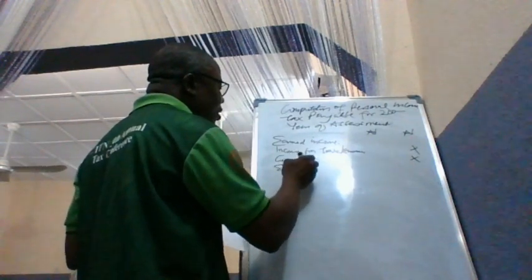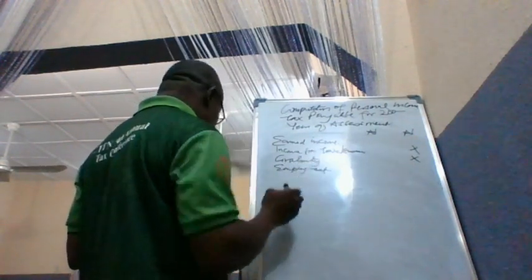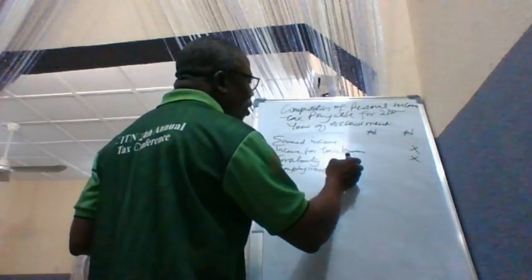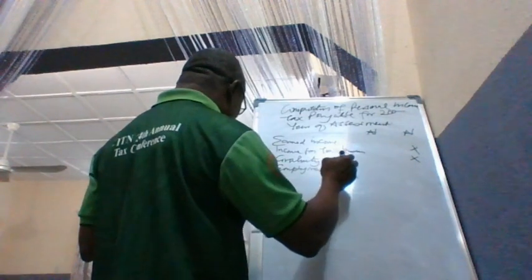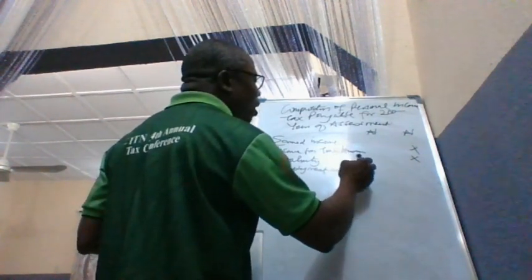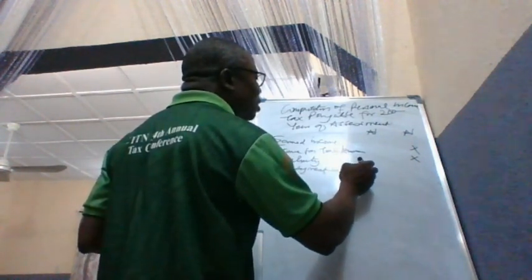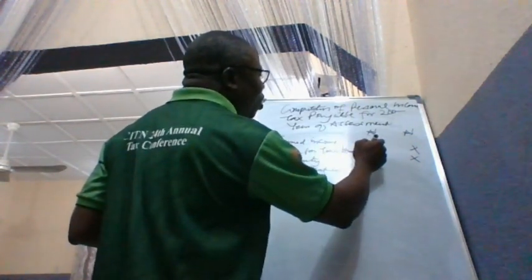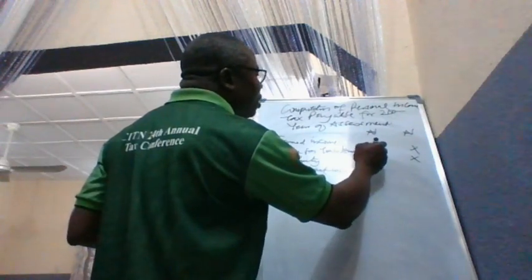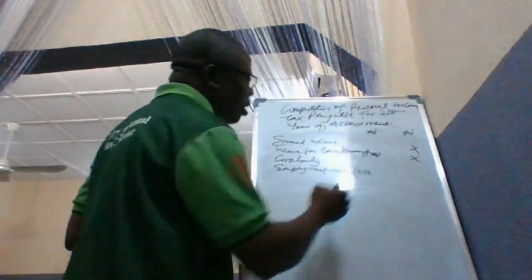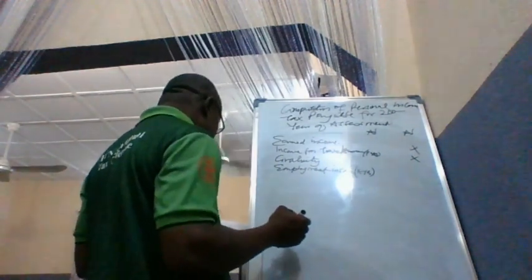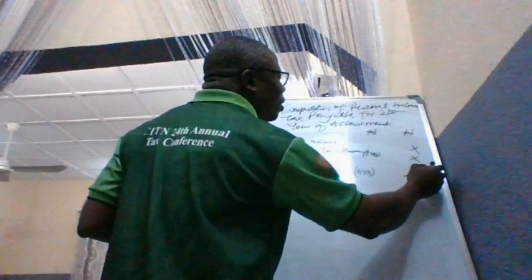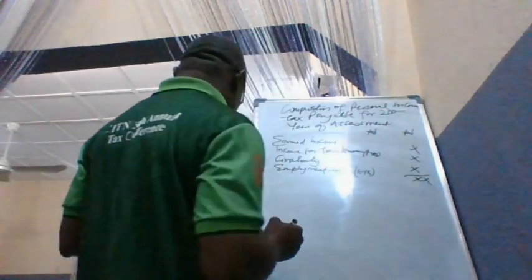I've discussed this in the previous lesson. This is done on actual year basis, but this is done on preceding year basis. So we compute that and add here, we get this.